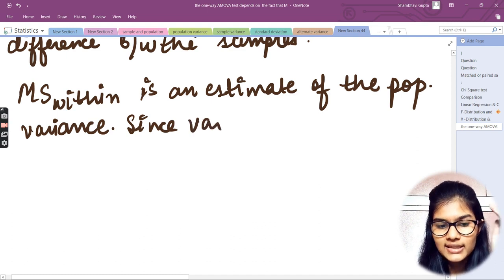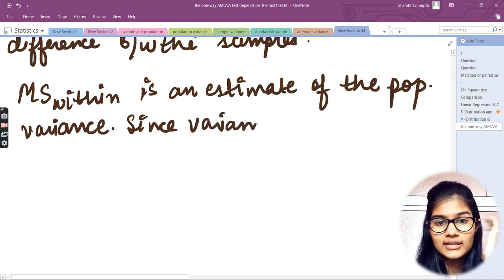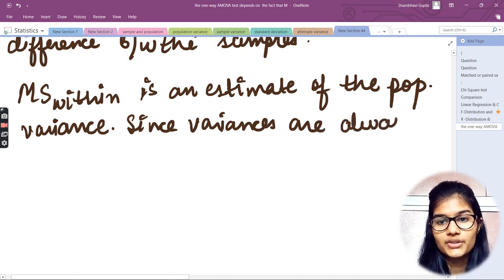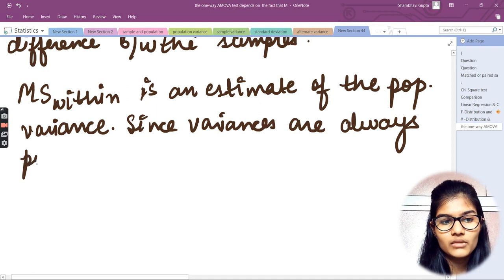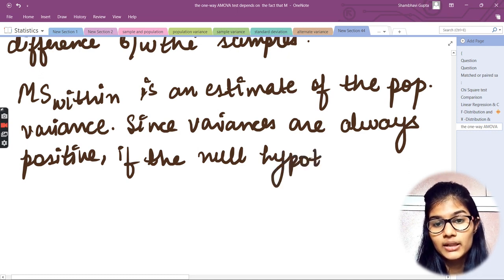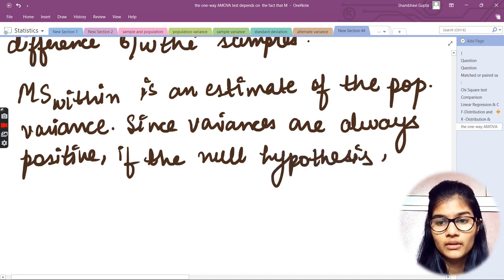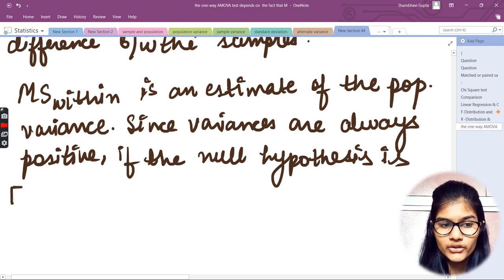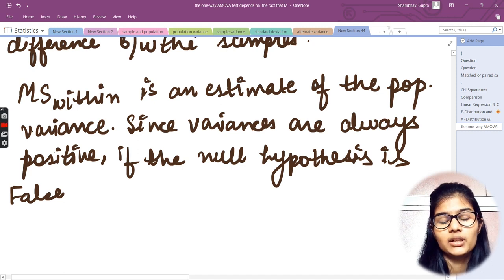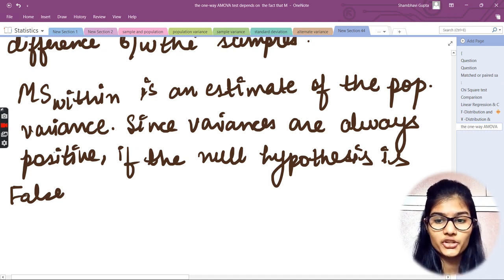So since the variances are always positive, if the null hypothesis is false, okay, MS within is an estimate of the population variance, right?